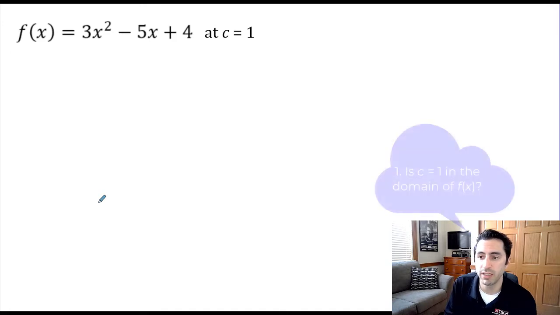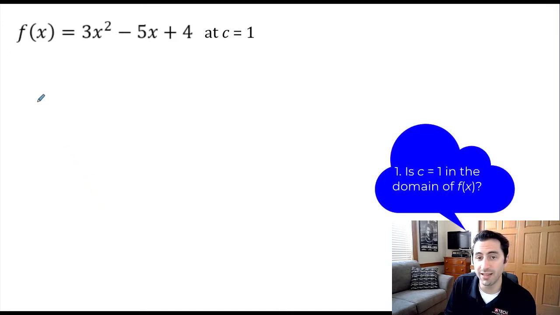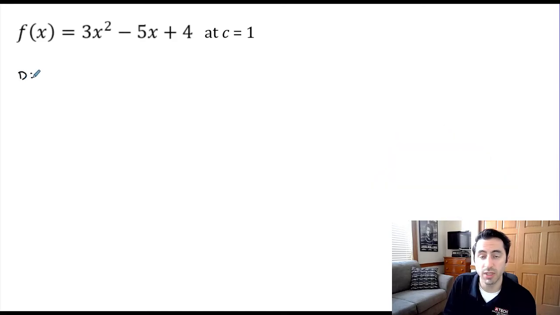So the first part is that this value is in the domain of our function. Well, our function is a parabola, so it's a polynomial. So that means that our domain is all reals. If our domain is all real numbers, the value of 1 is certainly in the domain. So that means we should be able to take a look at this function value. So let's take a look at f of C, which is going to be f of 1.